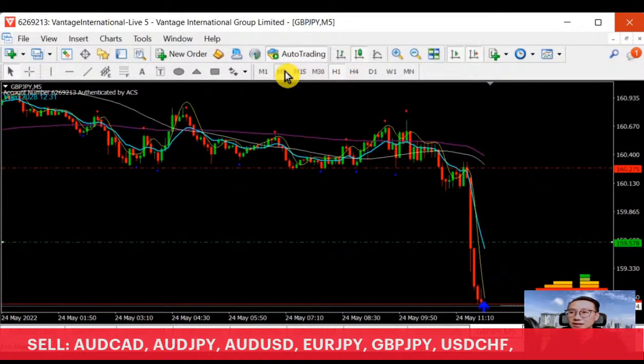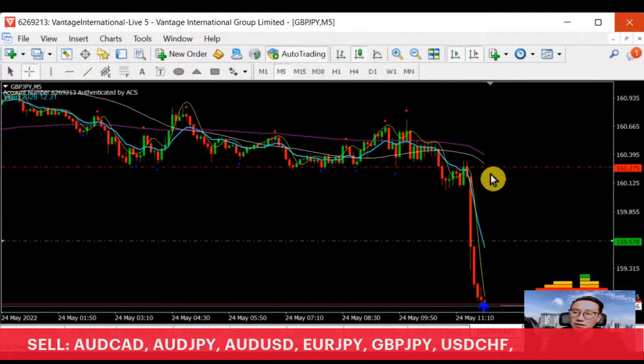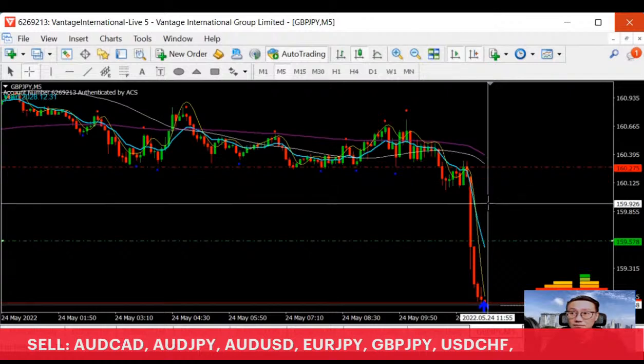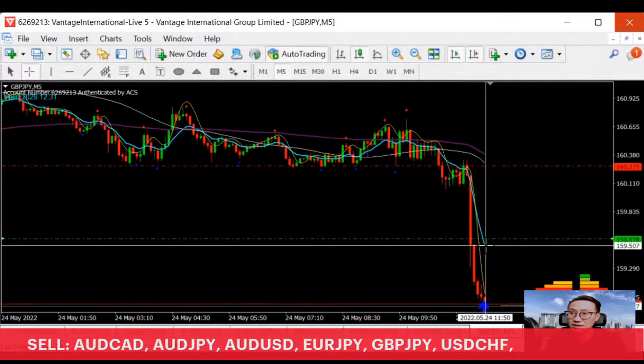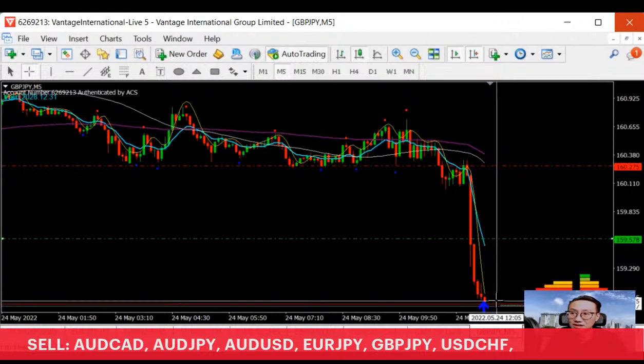The reason behind is that, as you can see, this is a drastic drop when the selling signal is here. But then once again, because of the news release, the high impact news, it goes down this much, and also as you can see, the candle volume is actually reducing.